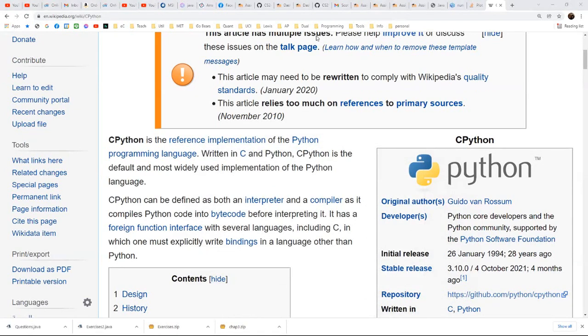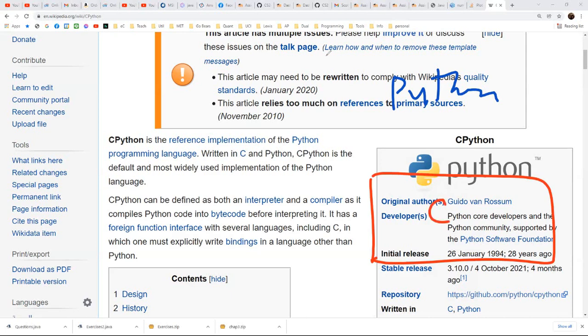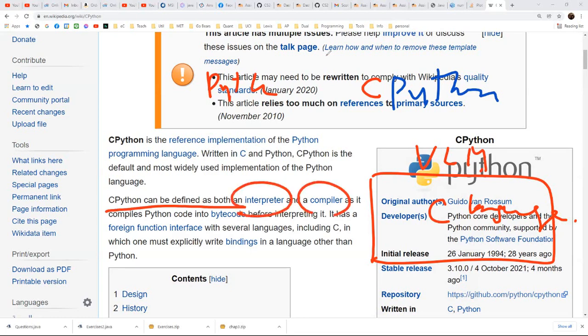You still write everything in the Python language, but the underlying virtual machine is all in C language. The language-wise is the same, just the virtual machine is written in a different way, defined as the interpreter and compiler.